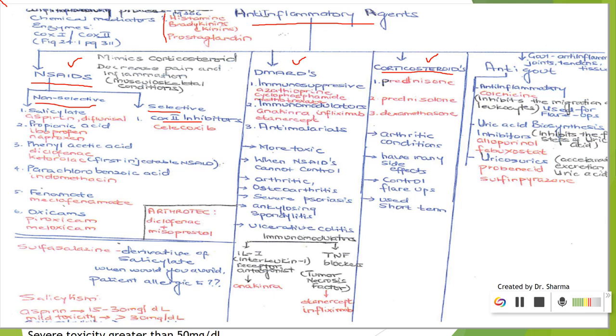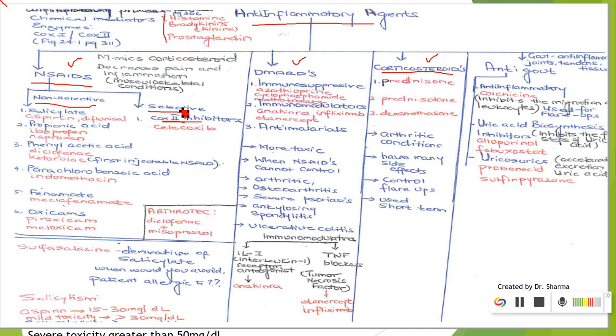So NSAIDs are divided into two groups, non-selective and selective. Non-selective means COX-1 and COX-2. Selective means it only inhibits COX-2. When we talk about non-selective, they are also classified as first generation, and the selective COX-2 are known as second generation.